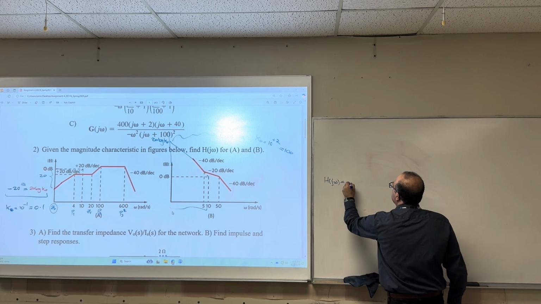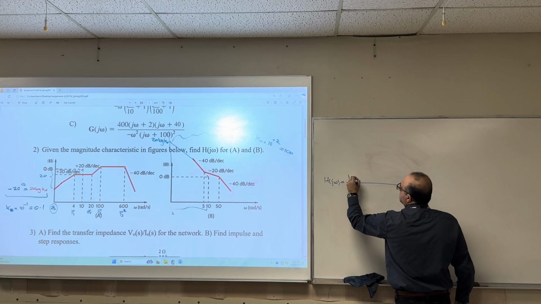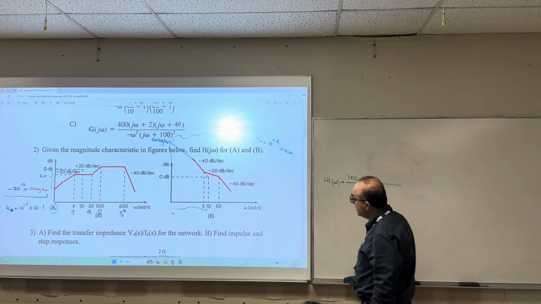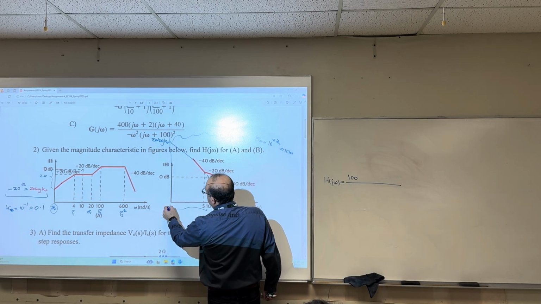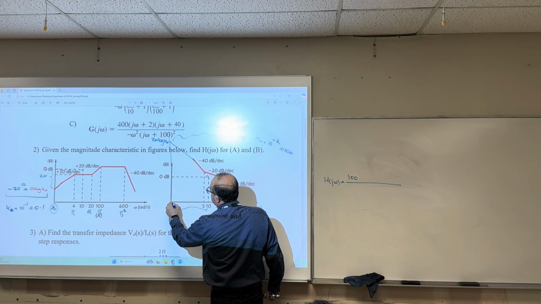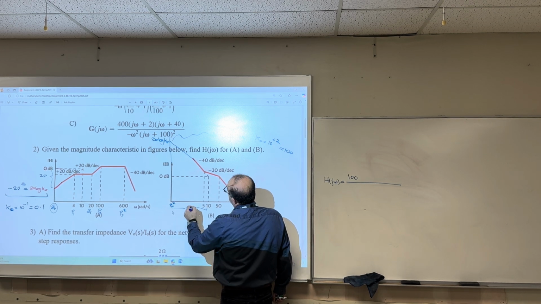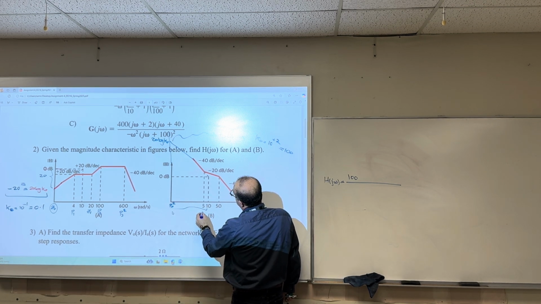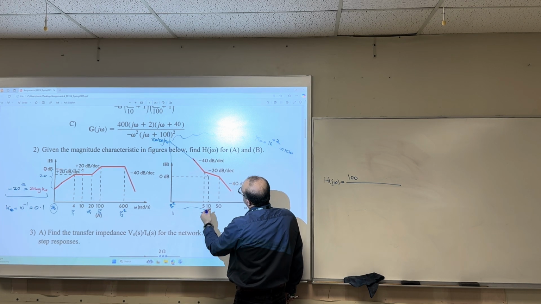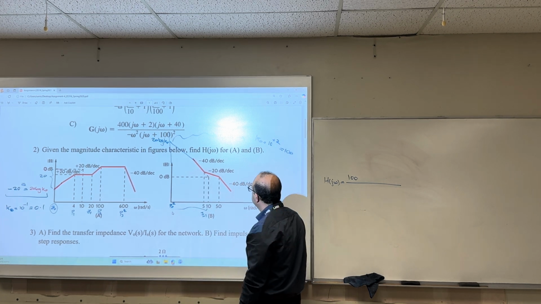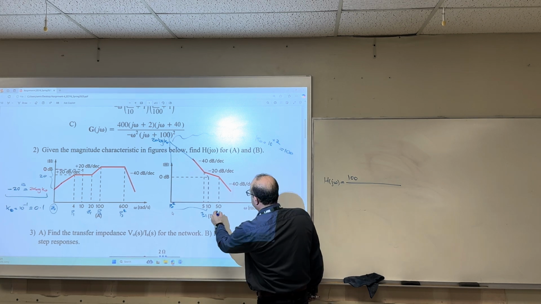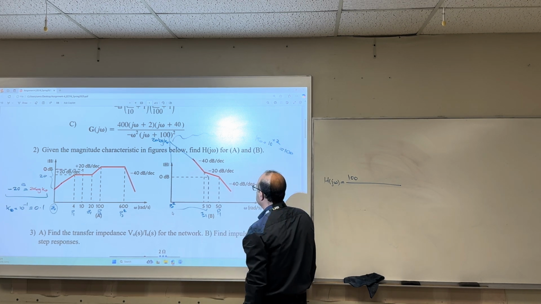H(j omega) equals 100. I have 2 poles at origin. Then I have 1 zero here, and again another pole here. Am I right?